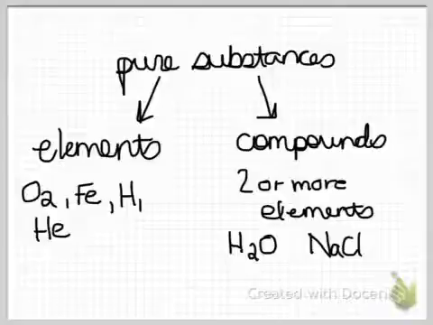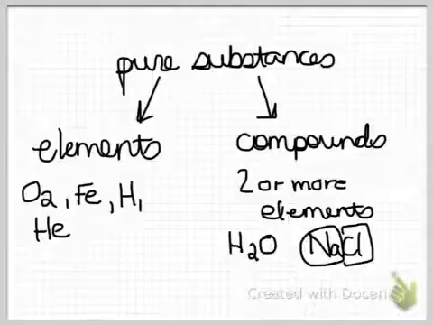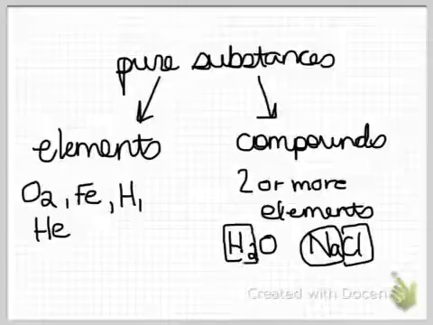Again, compounds are made up of two or more elements, and you can see there's one element here, Na, and Cl is another one. In H2O, H and O are the two elements that make up that compound.